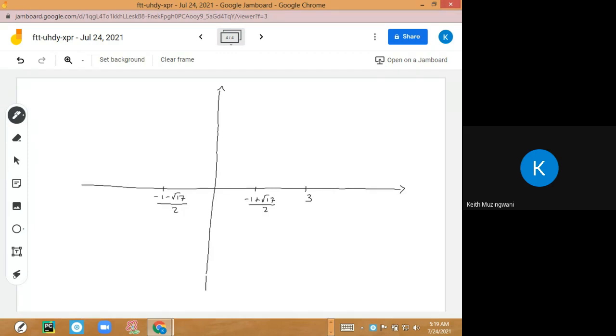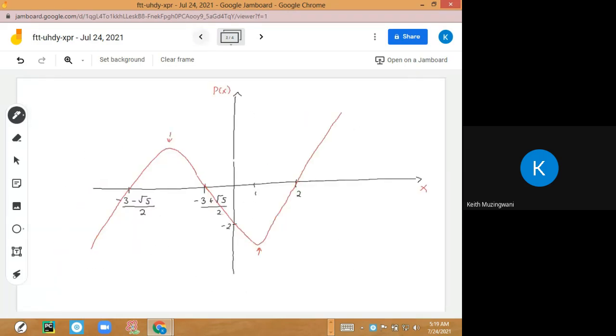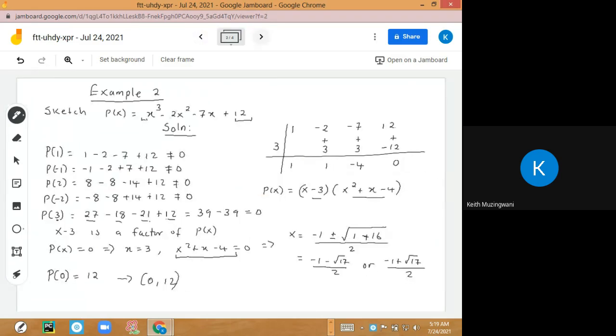And then we have 12 as the intercept. So if we try 1 and -1, we just want to have an idea what will happen around the y-axis. Does our graph have a turning point to the left of the y-axis? That's what we want to check when you're doing this.